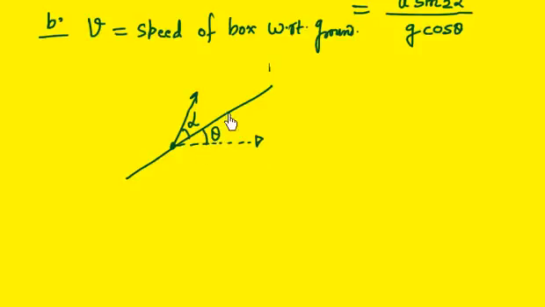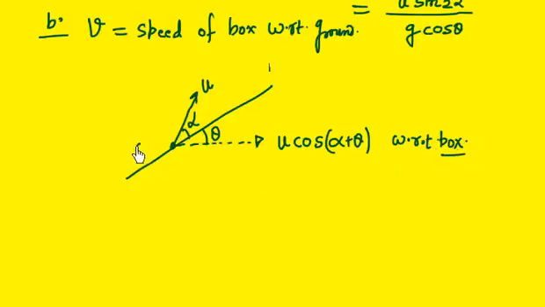So initially, what is the speed of this projectile in the horizontal direction? That is u cos of alpha plus theta. So this is the initial speed you have. Now the question says this is the speed of the projectile with respect to the box. Are you getting or not?